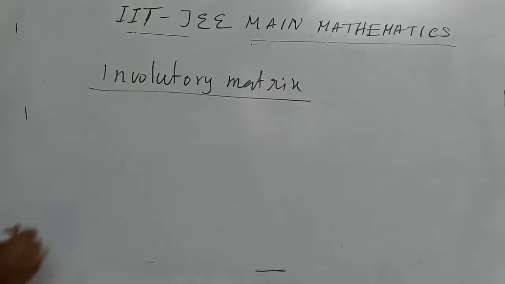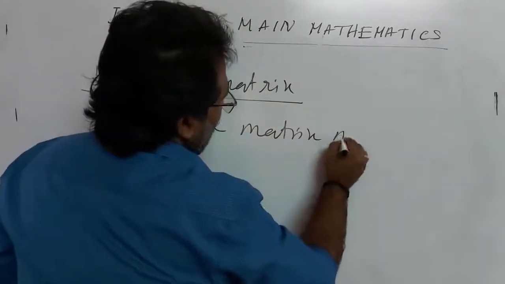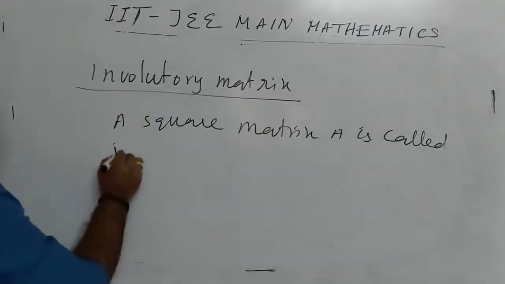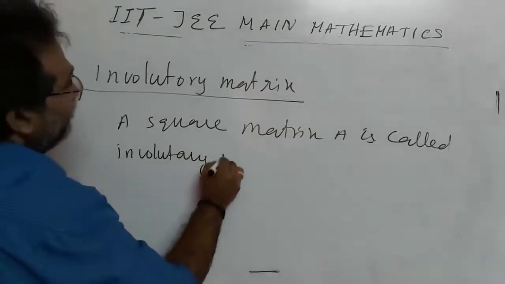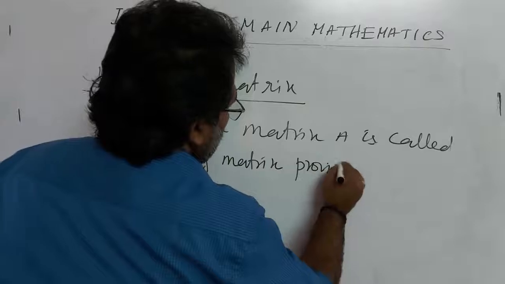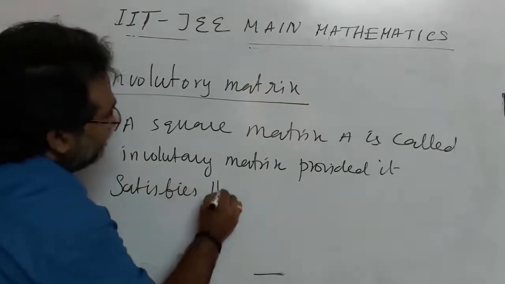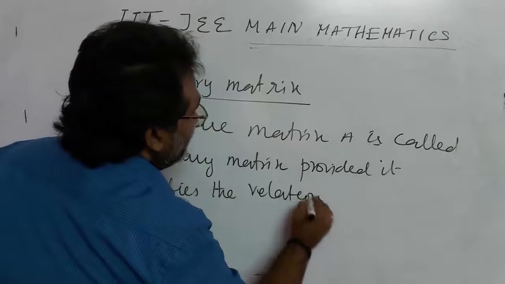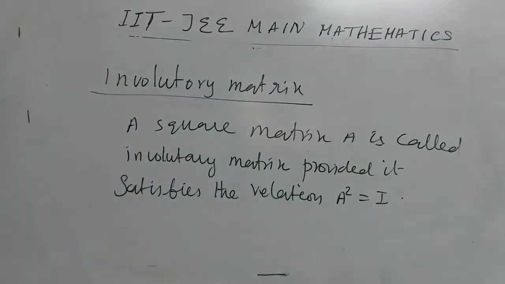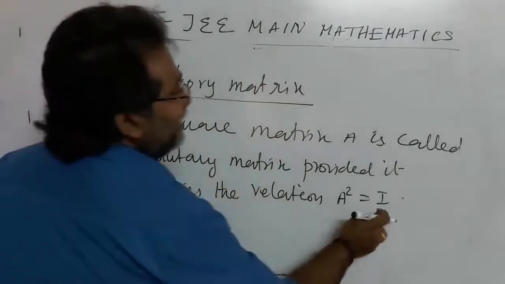Involutory matrix. A square matrix A is called an involutory matrix provided it satisfies the relation A square equal to I, where I is the identity matrix.